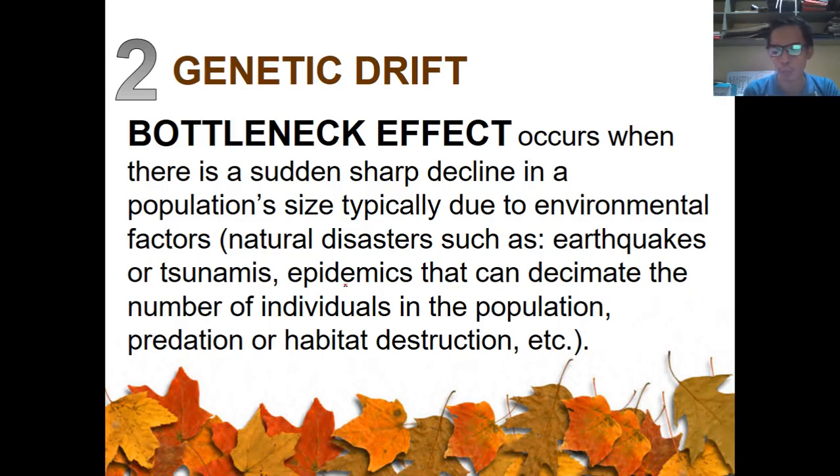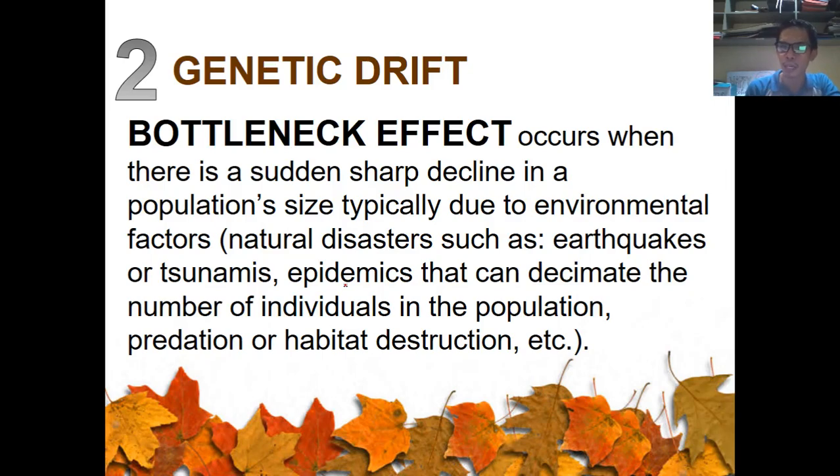Like what is happening right now, habitat destruction. The habitats of some organisms are destroyed to give way for farming, like what is happening in Indonesia. When the habitat is destroyed, the size and allele frequency of this organism change drastically in the long run.